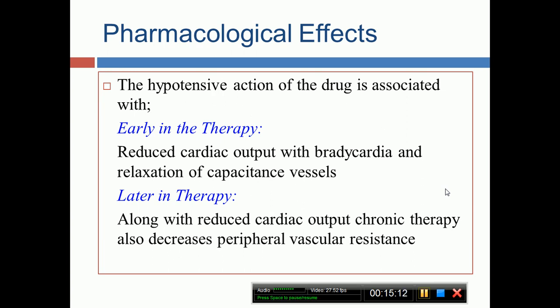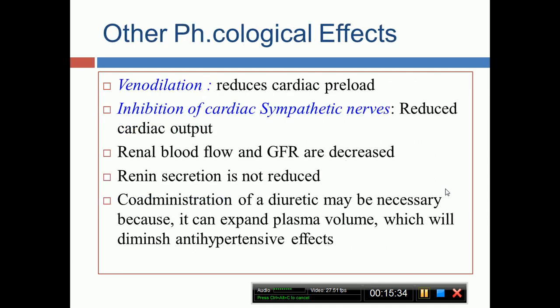Capacitance vessels we saw in that diagram, where relaxation will increase the amount of blood held in the vessels or venules. So later in therapy it reduces cardiac output. Chronic therapy also decreases peripheral vascular resistance.